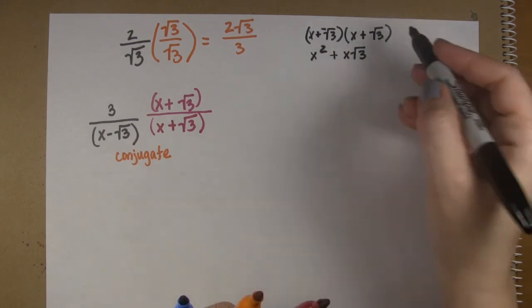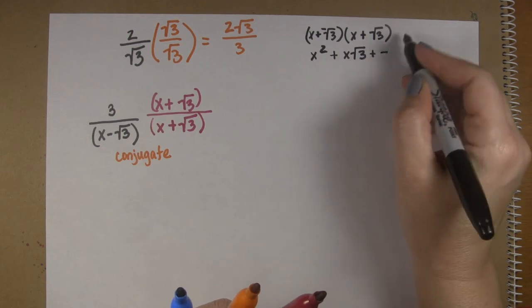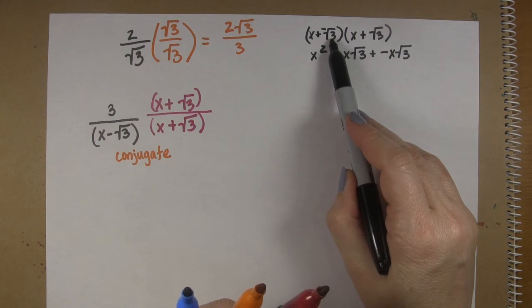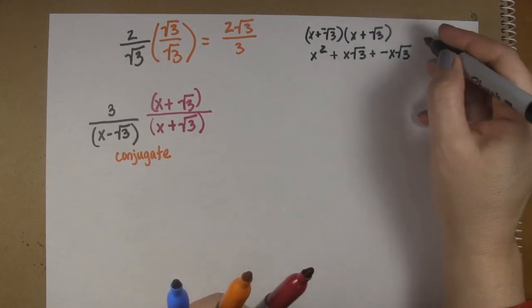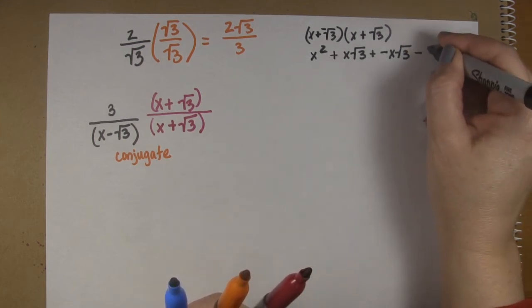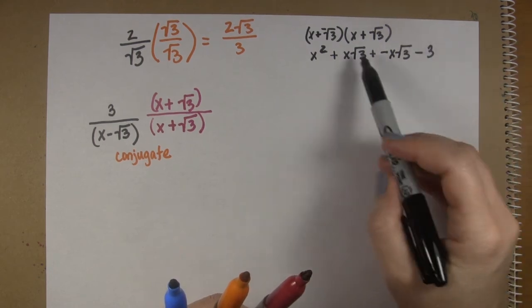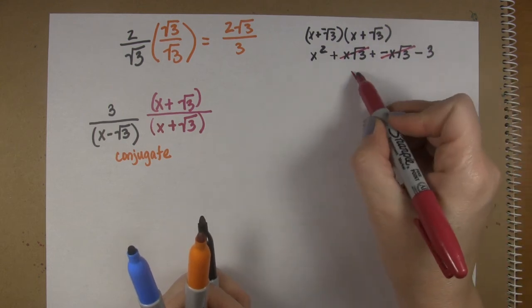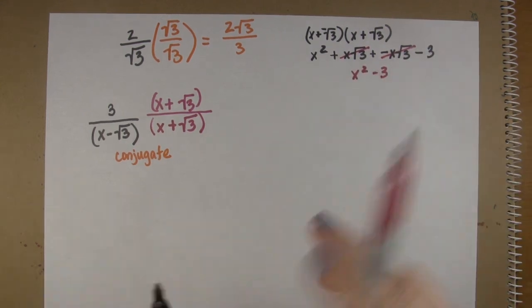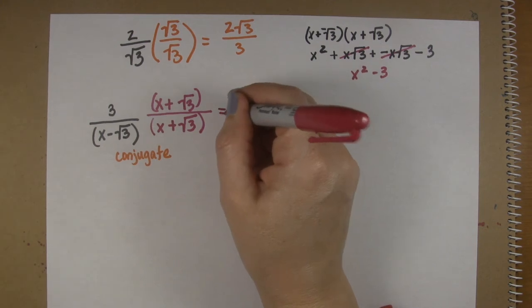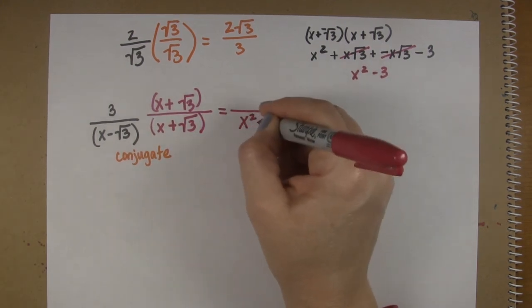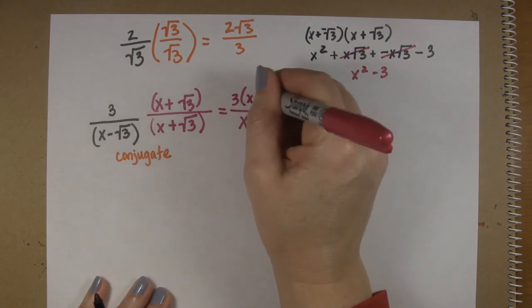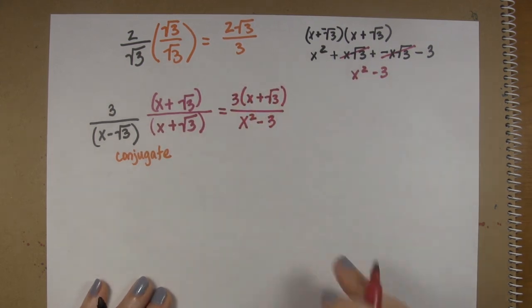Negative square root of 3 times x gives me negative x root 3. And negative root 3 times positive root 3 gives me a negative 3. These two terms cancel out. So I'm left with x squared minus 3. So here I have x squared minus 3, and on top I have 3 times x plus radical 3.